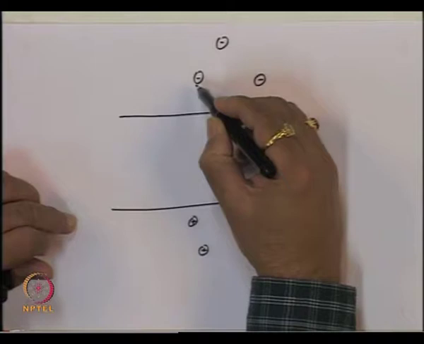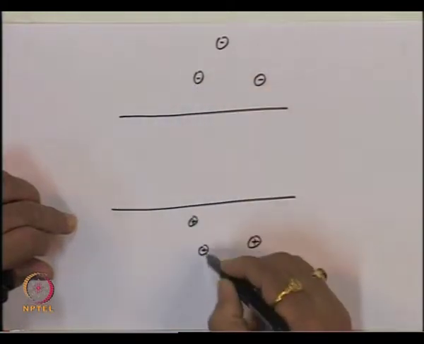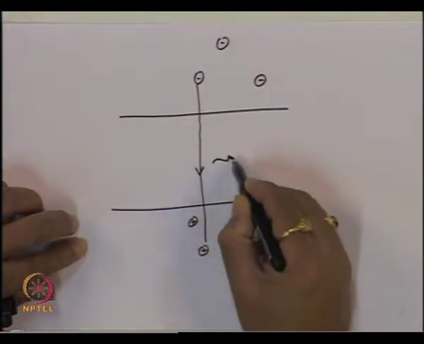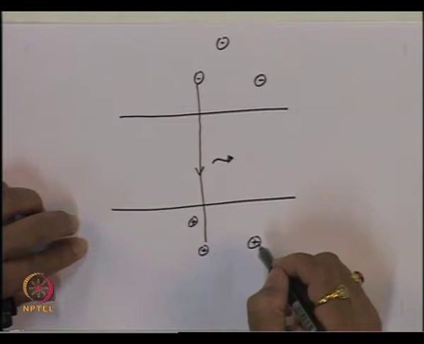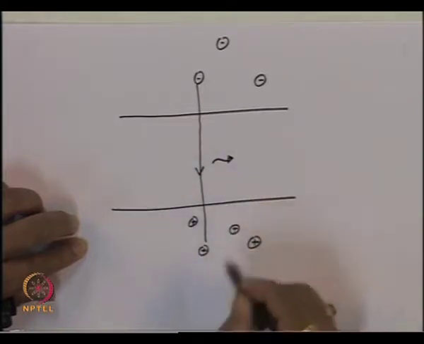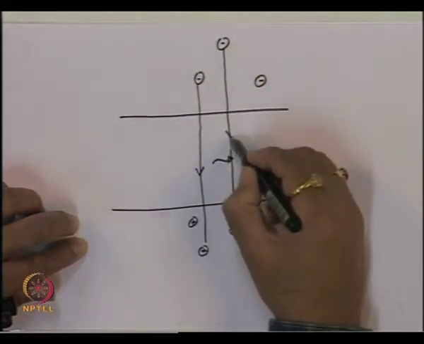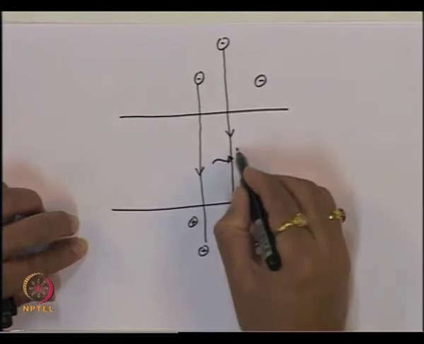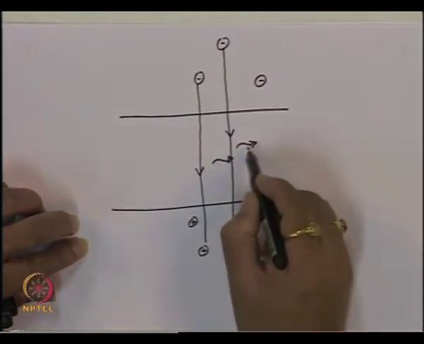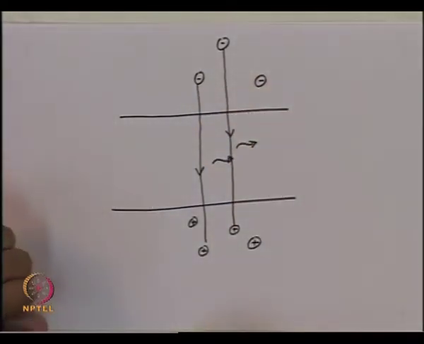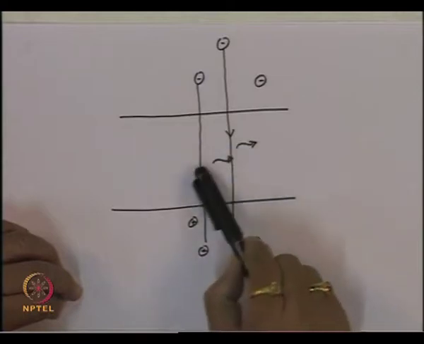If I consider this electron and this hole, the recombination from here to here will give me a photon out. Similarly, if I consider a hole here and an electron here, this difference between the two energies is exactly the same as this difference. So this also will give me a photon out with the same energy as this photon. And as we saw, the energy of the photon is proportional to its frequency, so the frequency of these photons will be the same.